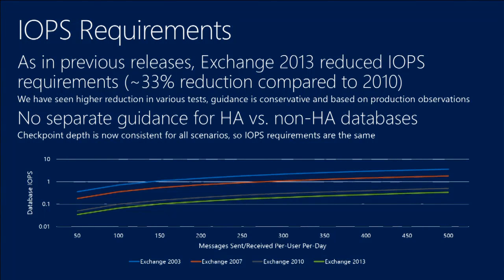Checkpoint depth refers to the amount of data that's allowed to sit in memory, or in uncommitted logs, that has not been written out to the database. We had a larger checkpoint depth for high availability DAG databases and a smaller checkpoint depth for standalone databases. The checkpoint depth is actually consistent for all databases in 2013, so we only have one IOPS number across the board for active databases, passive databases, standalone databases. It's all the same. Makes it a lot simpler.